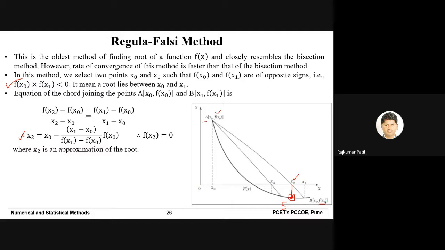If it is less than 0, then the root lies between point C and B. But in this particular example, f of x0 has positive sign, and f of x2, which is here on the negative side of the y, has negative sign. So the product of f of x0 and f of x2 is less than 0, and therefore the root lies between point A and C.